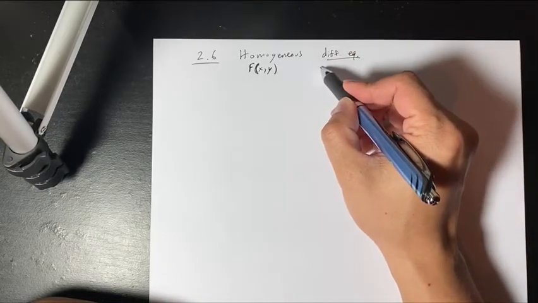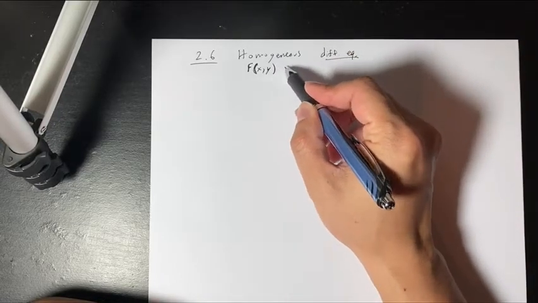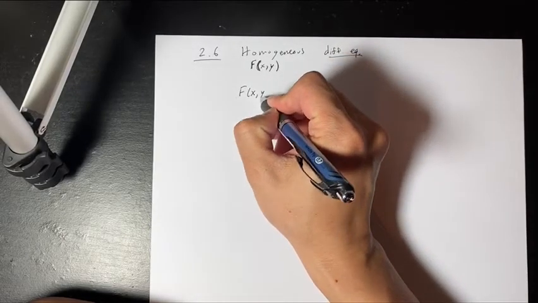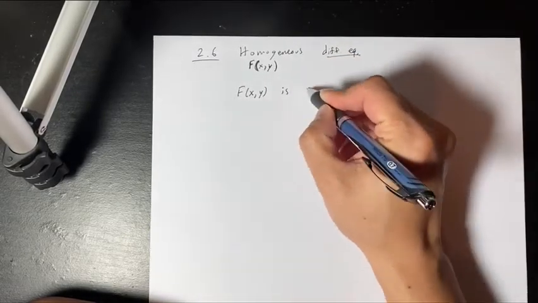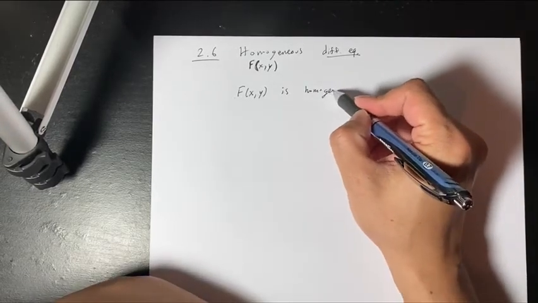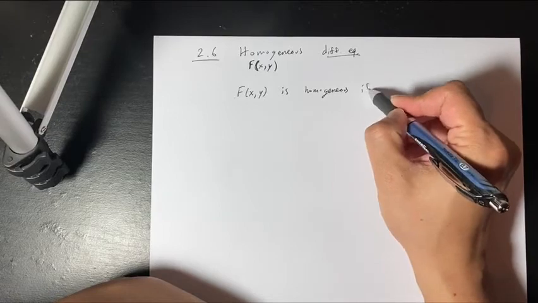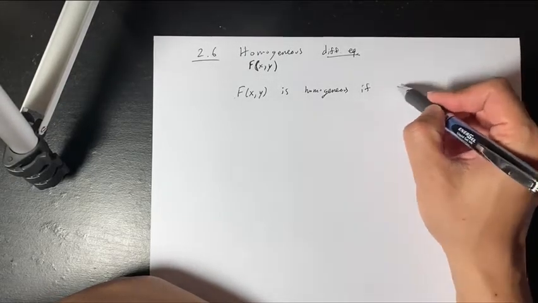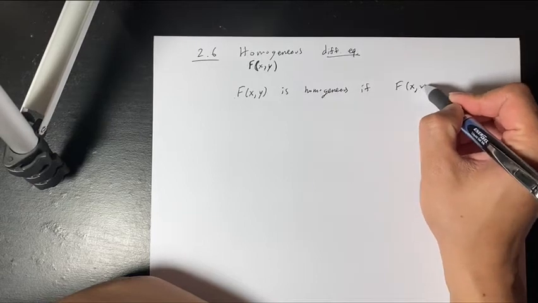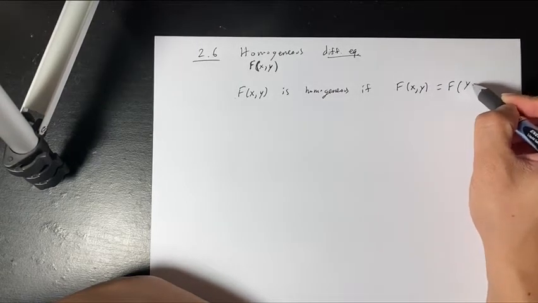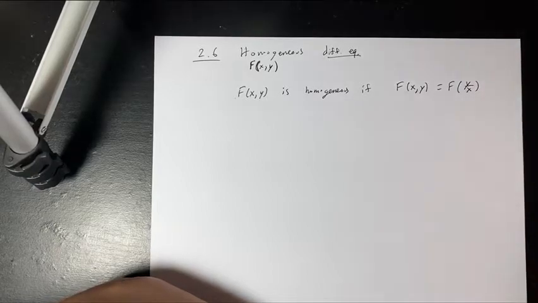So this is homogeneous if you can view f in two variables as f of a single variable, and that variable is y over x.